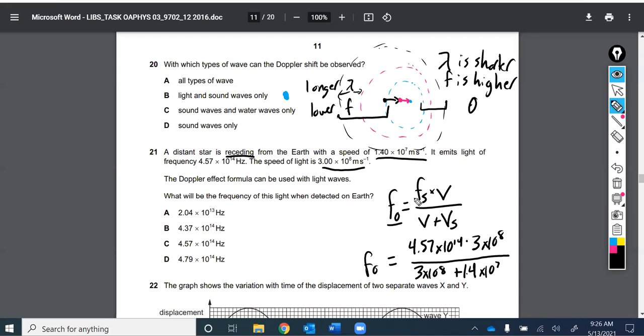We're going to multiply that by the speed of light, so times 3 by 10 to the 8. That gives us a numerator of 1.371 by 10 to the 23. All right, divided by, let's see here, 3 by 10 to the 8 plus 1.4 by 10 to the 7.